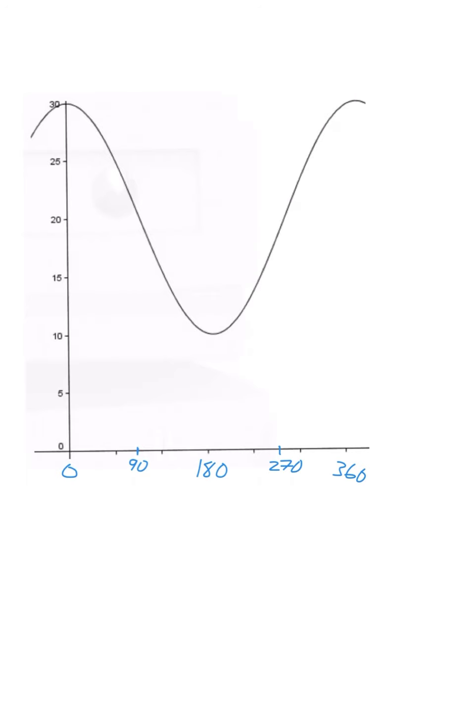So here's the graph that I've drawn, and we need the values of 0 degrees, which we have, but we also need 60 degrees and 210 degrees. So 60 degrees will be here, 210 will be here, and I already have the 0 here as well.